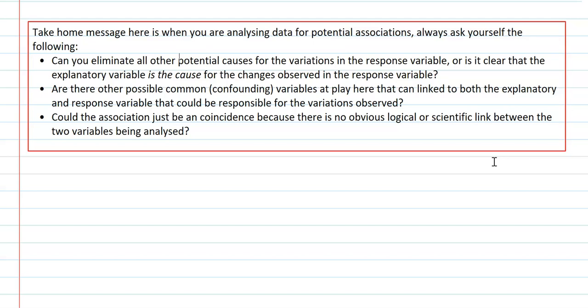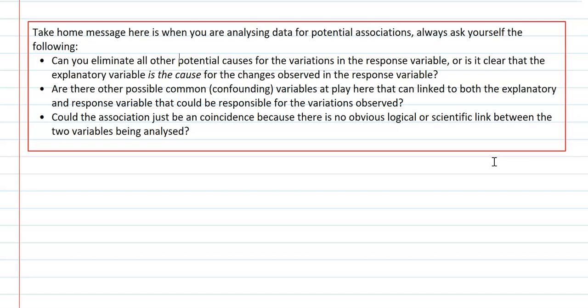Are there any possible common confounding variables at play here that could be linked to both your explanatory and response variable, and this third confounding variable is responsible for the variations you see in both? Lastly, could the association just be a coincidence, because there's no obvious logical or scientific link between the 2 variables being analysed?